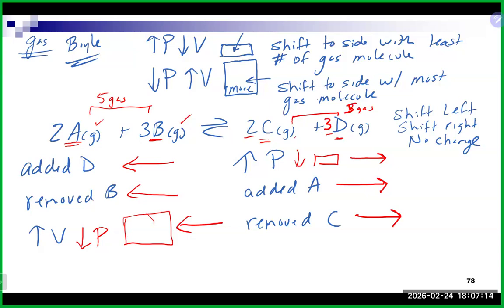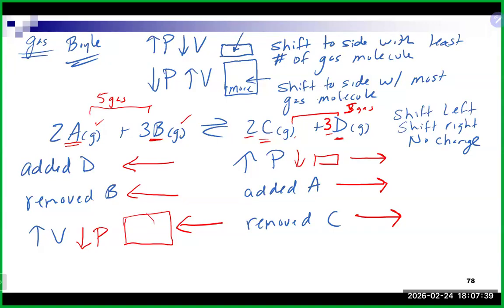In this particular case, there is no more or less. This would be a situation where it would be a no change if you did something with the pressure or volume in this situation. So that's one of the situations where you can come across a no change when you're dealing with gases and you got equal numbers of gas molecules on each side of the equation. Any questions on those there?